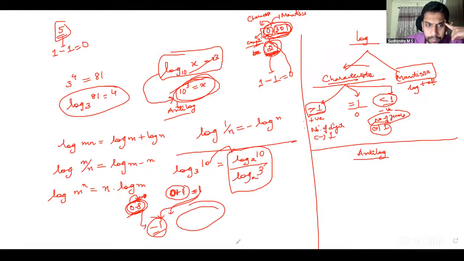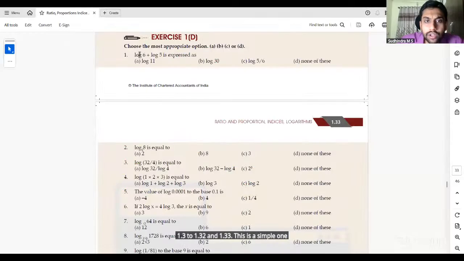So come back to page numbers 1.32 and 1.33. This is a simple one. First question: log 6 plus log 5. Log 3. Yes, correct.